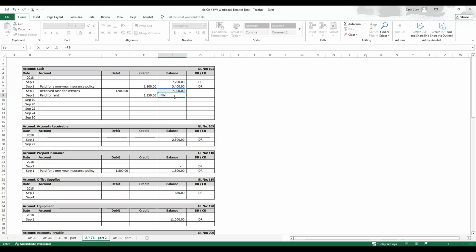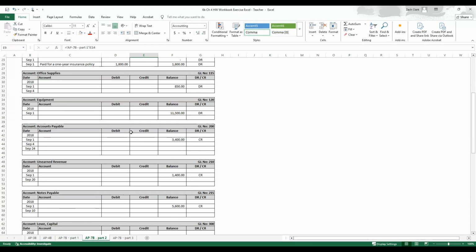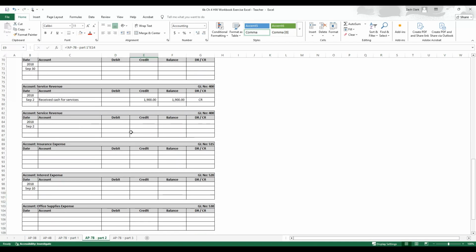So now we've got, remember this, a debit balance minus our credit balance. So after we reduce cash for the rent payment, our cash running total is now $59.50. But that was just one half of the journal entry there. So we need to put the expense piece in. So let's go to the rent expense.